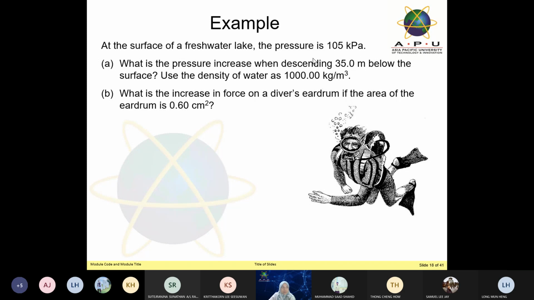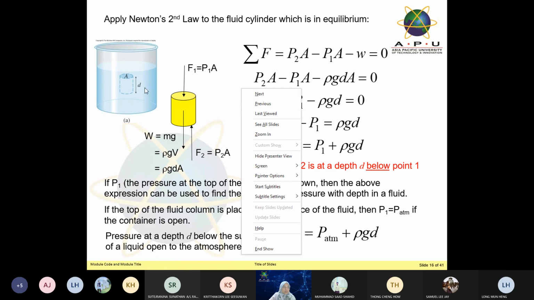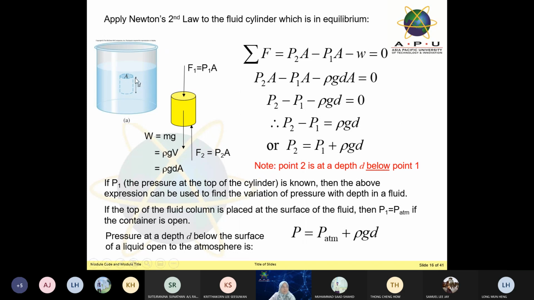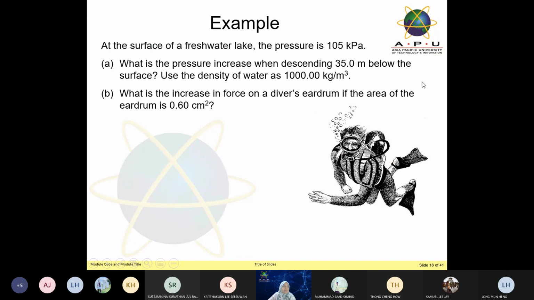So they want to know what is the pressure after you have swum to the bottom, 35 meter below the surface. So they already provide you the D. D is the distance from the surface to the bottom.